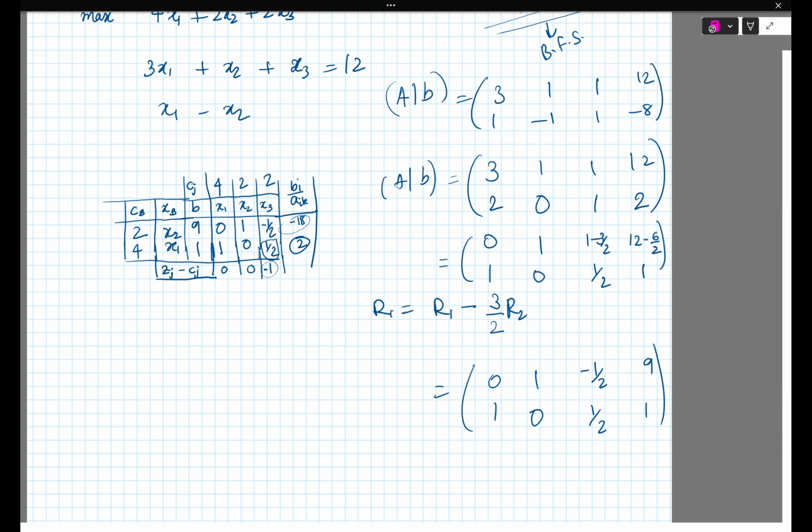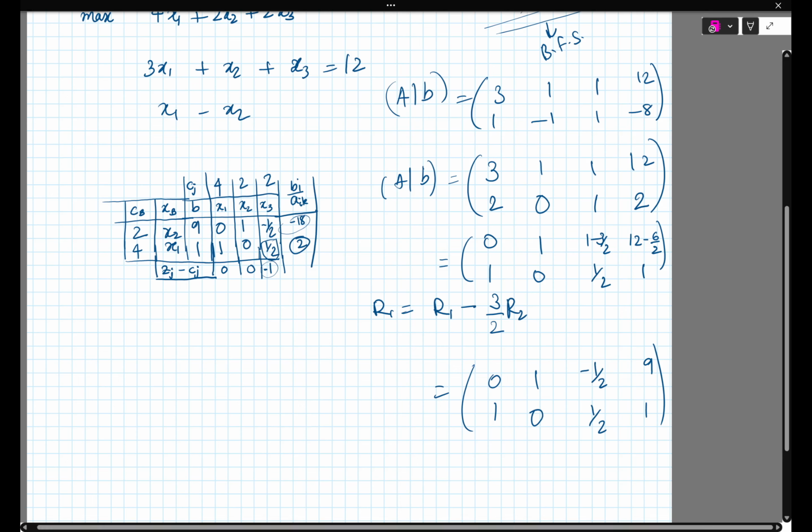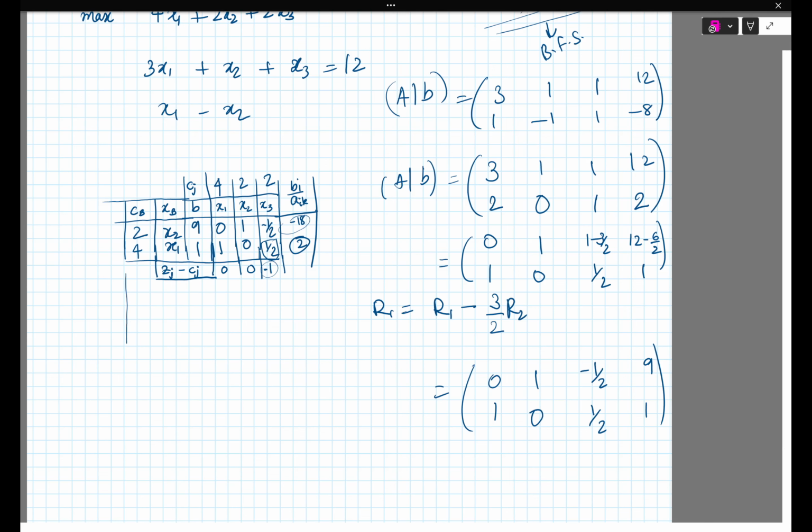So that means instead of x1 you get x3, x2.